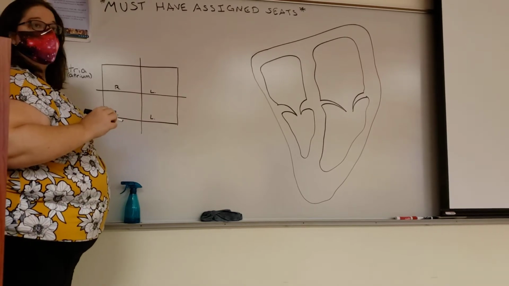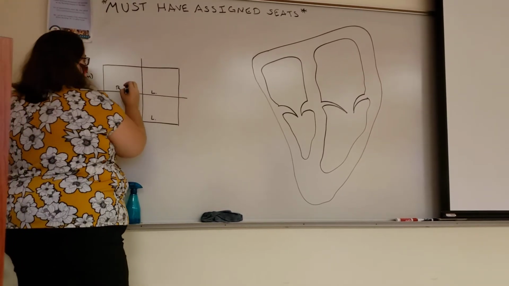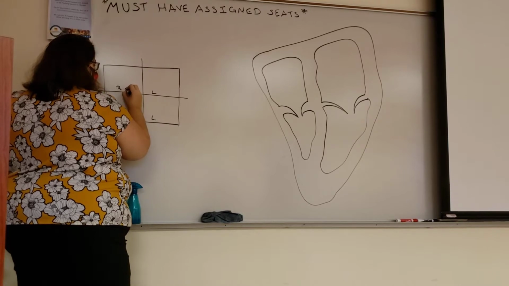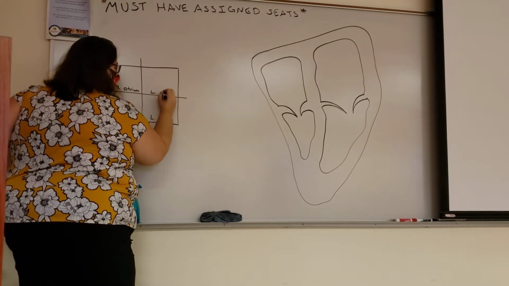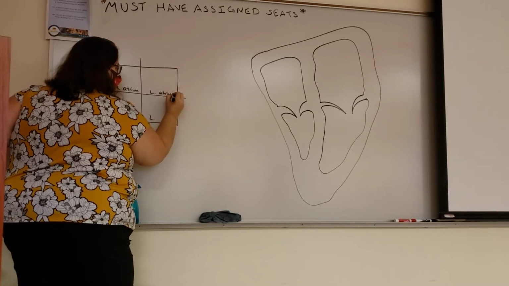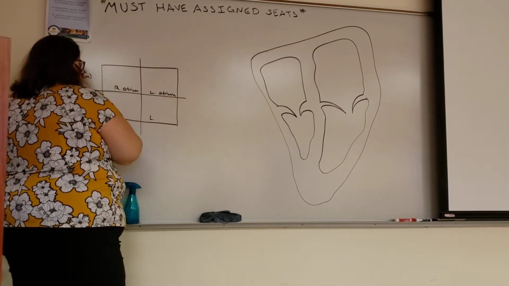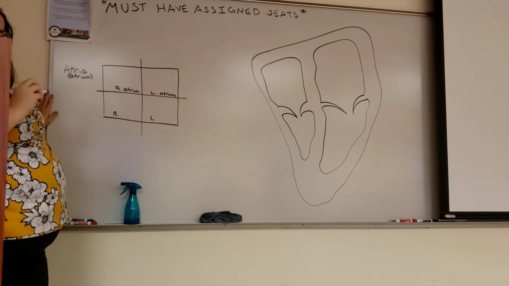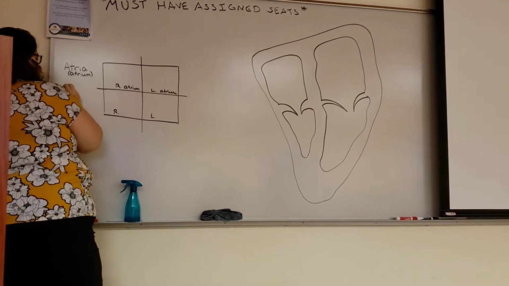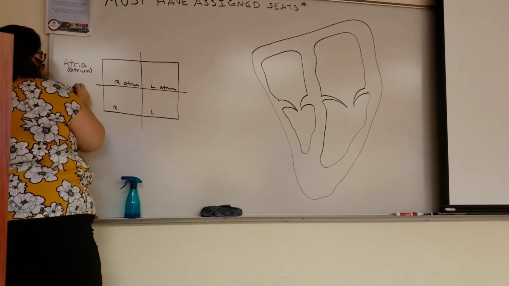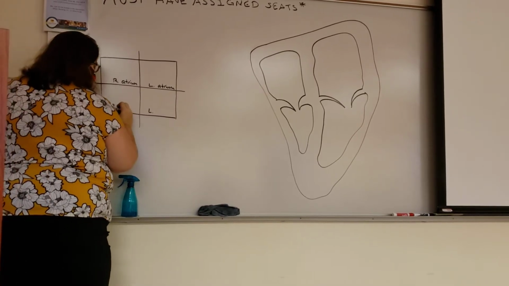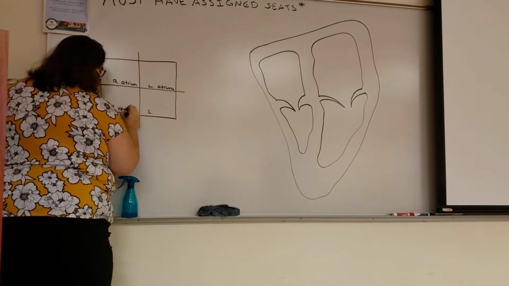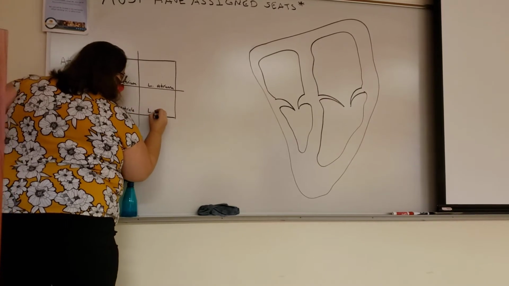So the tops are called atria. The bottom two are called ventricles. So you have a right ventricle and a left ventricle.